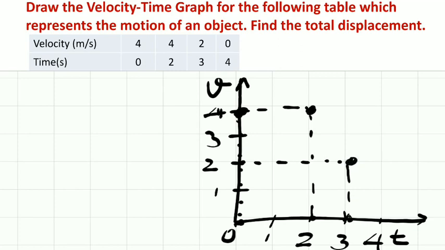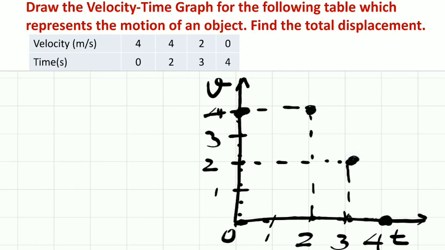Now the velocity becomes 0 when the time is 4. Velocity is 0 and the time is 4. So meet them. When we meet them, it intersects at this point. So we obtain this point, this point, this point, and this point.